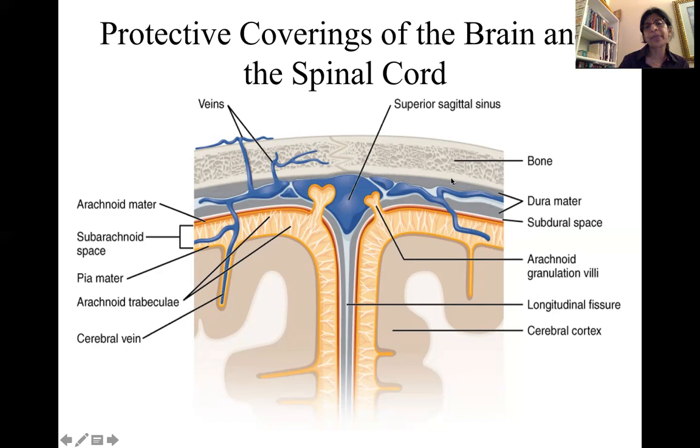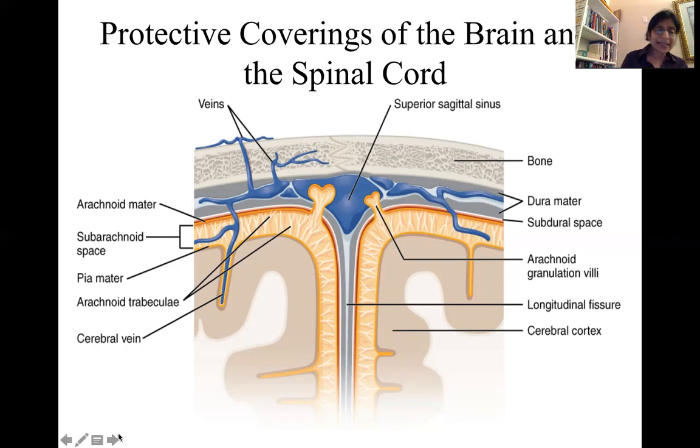Epidural space is typically padded with adipose tissue and blood vessels and some connective tissue. Now then the dura, then the subdural space, arachnoid, subarachnoid space, and the pia mater.